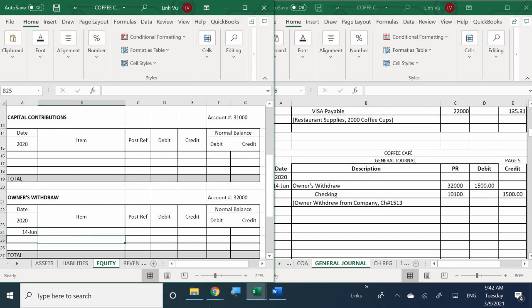The date is the 14th, and I'm going to write check number 1513. Same thing, general journal number 4. Oh wait, no, it's general journal number 5. We started a new one. And we're going to debit the account by $1,500.